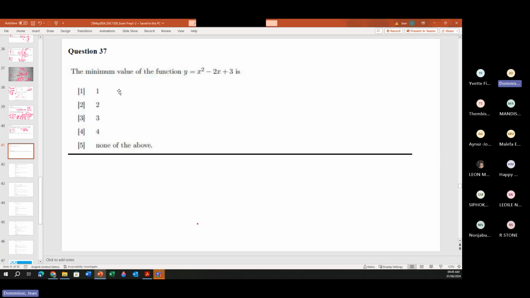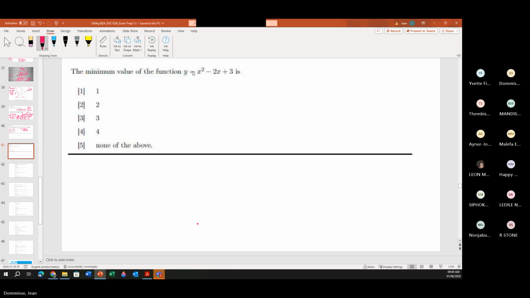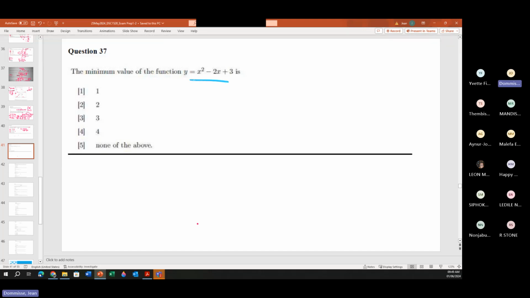Okay, minimum value. So the minimum value of this function. Again, two ways how we can work out the minimum value. So remember, this is the parabola, or basically the quadratic equation.